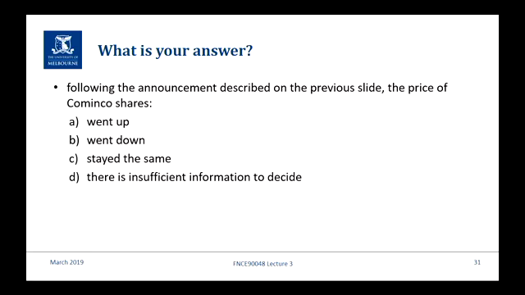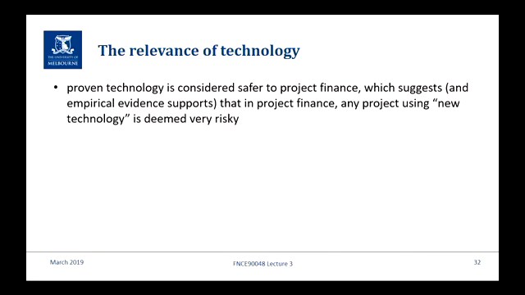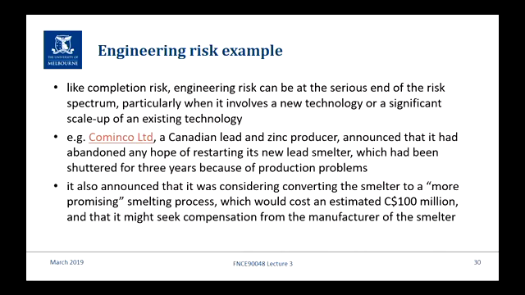Yeah, so the first paragraph, they said they give up the hope to reopen the smelter. So it has been taken by the market, so the price has reflected the information.